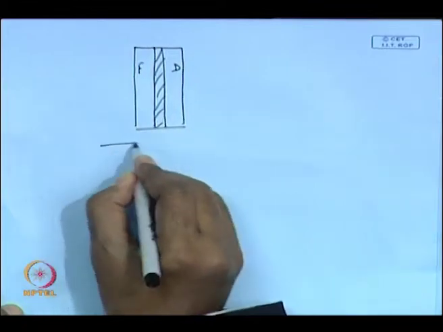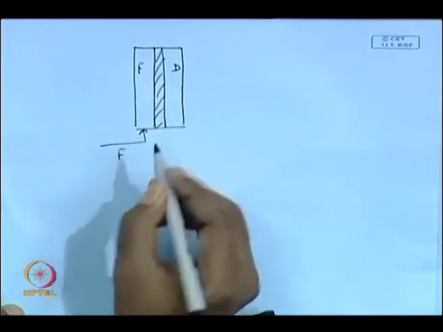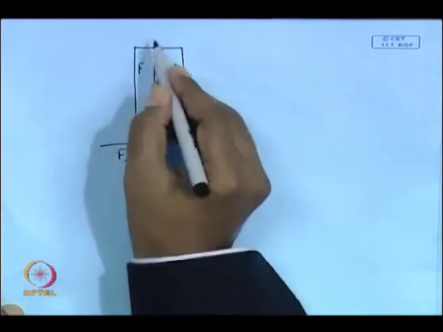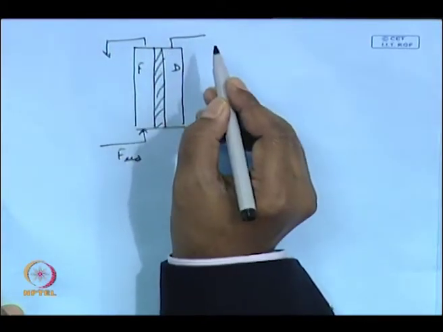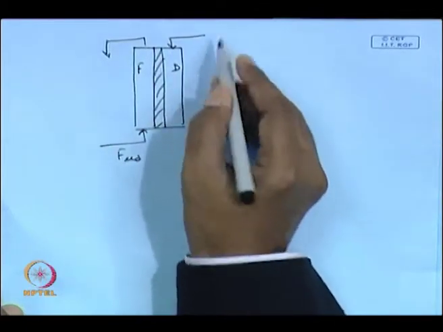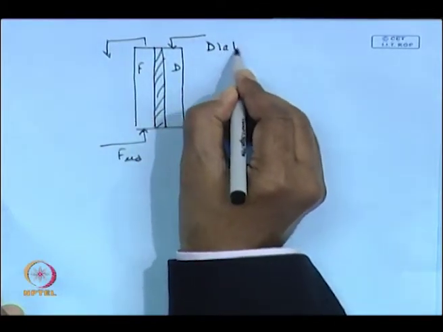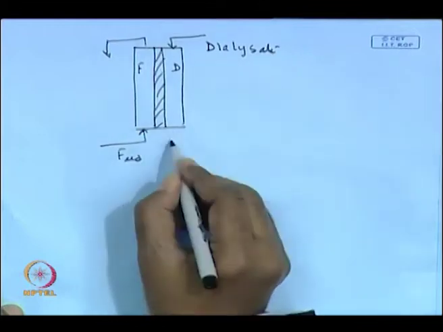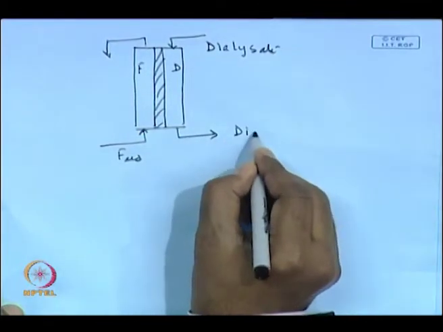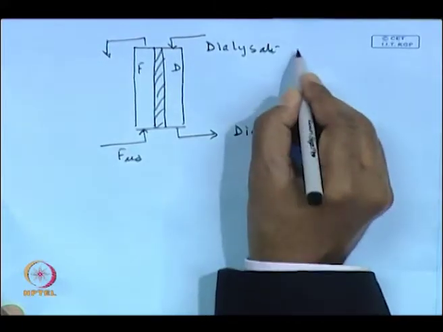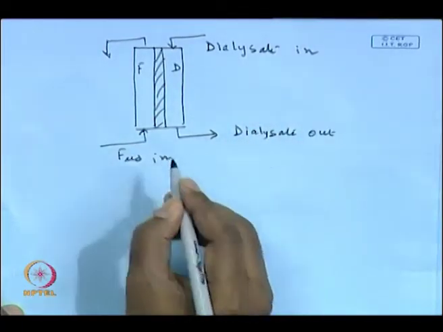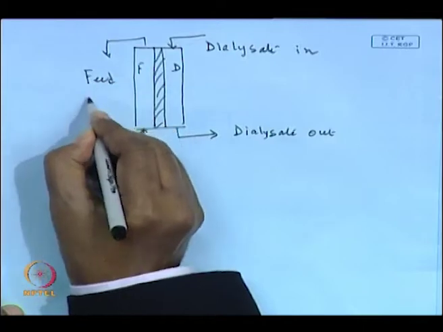You send the feed in and the feed comes out, and on the other hand, in the counter current manner, you send the dialysate in and get the dialysate out.